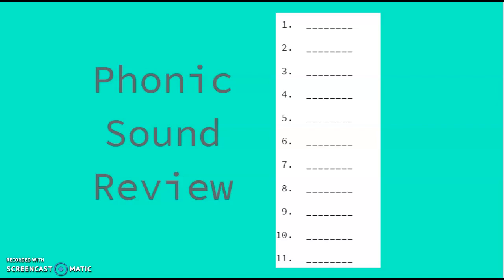F. Number 4. O. Right. O. Is that a long vowel or a short vowel? It's a short vowel. Put a breve above that O. A breve looks like a little U above the O.